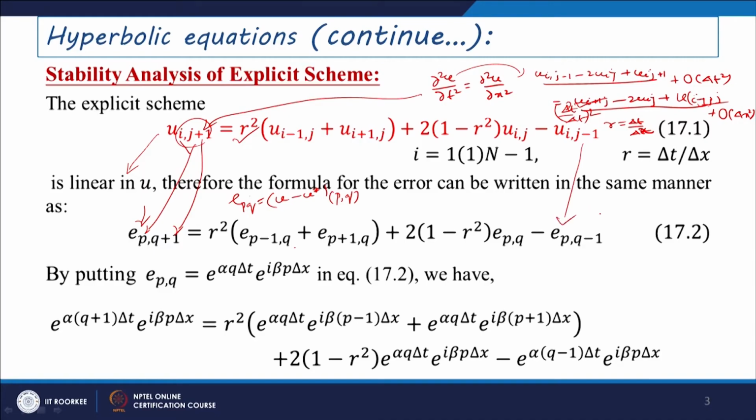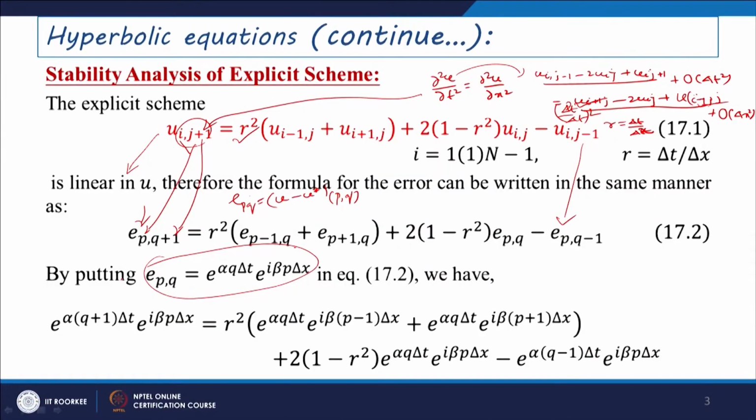And we have replaced e of p q in the form of e to the power alpha q del t, e to the power i beta p delta x. Already we explained these things in the previous lecture for parabolic and elliptic equations, so here directly we write this error term in terms of exponential powers.